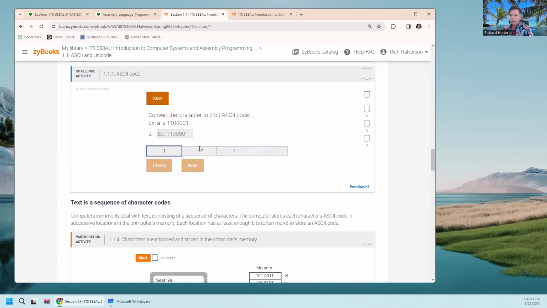Convert the character to a 7-bit ASCII code. Let's just start it up and see. Okay, so it's S. We're supposed to convert S to 7-bit ASCII. I assume that's a lowercase s.